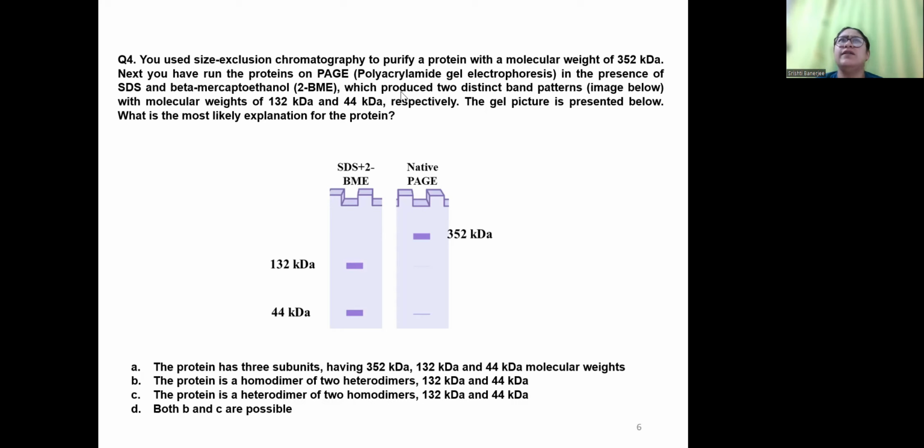So, okay. If disulfide bonds are disrupted, what happens to the structure of a protein? My next question. In which level of protein structure are disulfide bonds formed? Primary, secondary, tertiary, or quaternary? My second question.